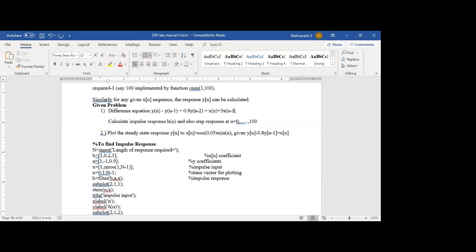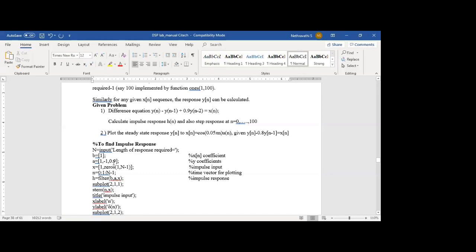Okay, so I will just make it whatever it was earlier. So this was the coefficient now. I have just given the B coefficients, and what are my A coefficients? A coefficients are nothing but your output coefficients.